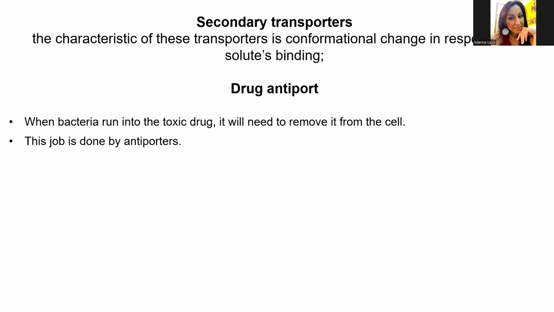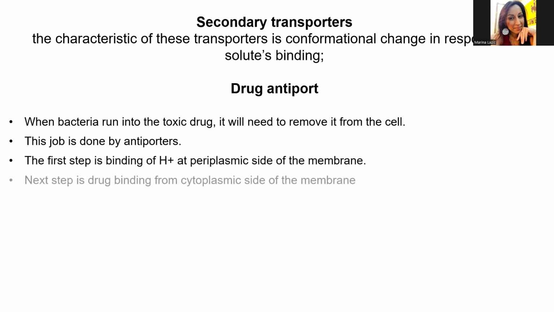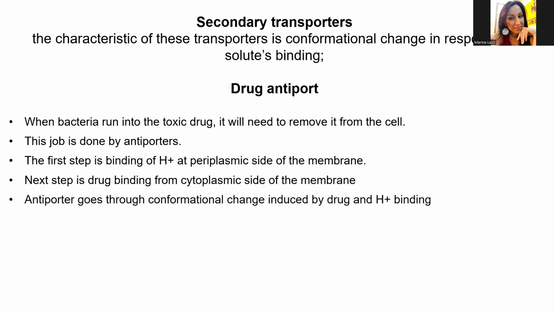It can also be ATP linked, but there are some antiporters that will bind hydrogen at the periplasmic side of the membrane, and the next step is binding a drug from the cytoplasmic side of the membrane because the drug already came in. The common thing is that the antiporter also goes through conformational change, caused by hydrogen and drug binding.